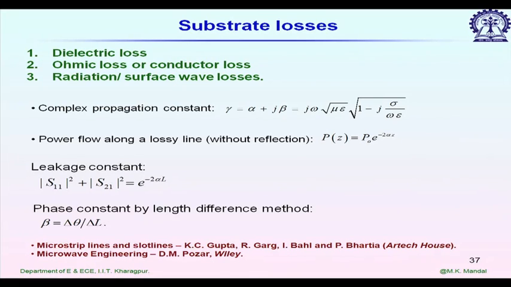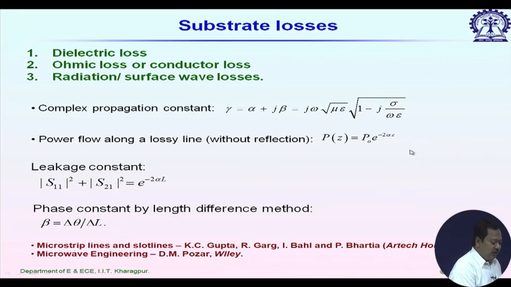Now, the power flow along a lossy line, let us say along the line we do not have any reflection, Pz is P naught into e to the power minus twice alpha z. We have a factor of 2 since we are considering power and not the electric field. This alpha and beta we can actually measure by fabricating two different lengths of line.